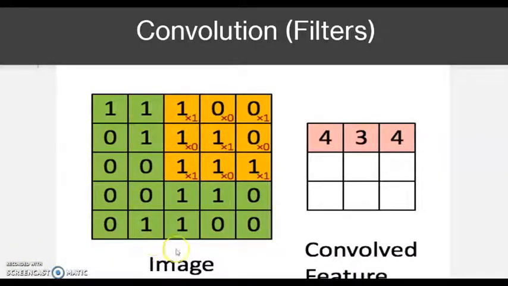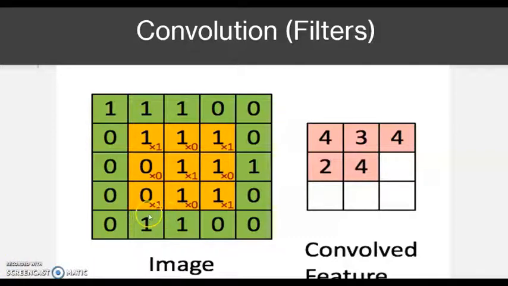Here we have the image, which is represented by the green color, and the filter or the kernel is represented by the orange color. And the output, which is called the convolved feature or the feature map, mostly called the feature map, is here. So this is the input image, this is the applied kernel, and this is the output feature map.